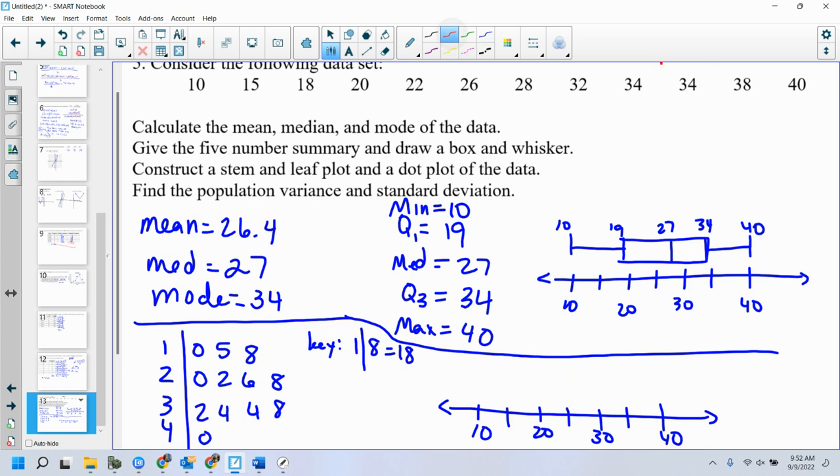So 10, do it in a different color. 10, 15, 18, 20, 22, 26, 28. Oops, here. 32. Okay, good. 34, 34, 38, and 40.